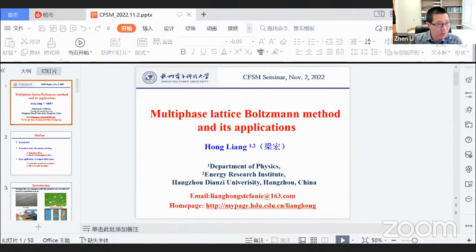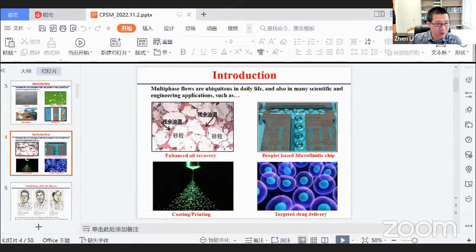So can you send me your slides by email? I can share the screen for you. If you use this window, we cannot see that the slides are moving. As you move your slides, we cannot see which page you are sharing. So maybe you can send me your slides by email so I can share the screen for you. How about this?